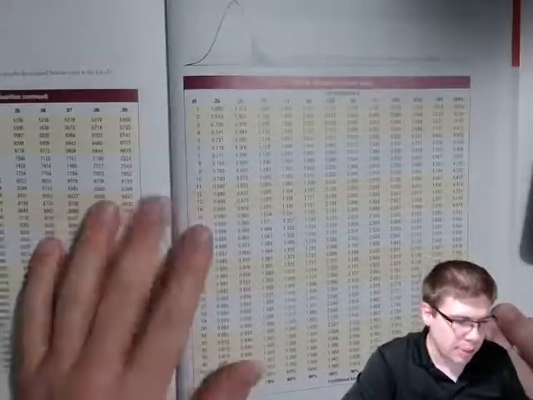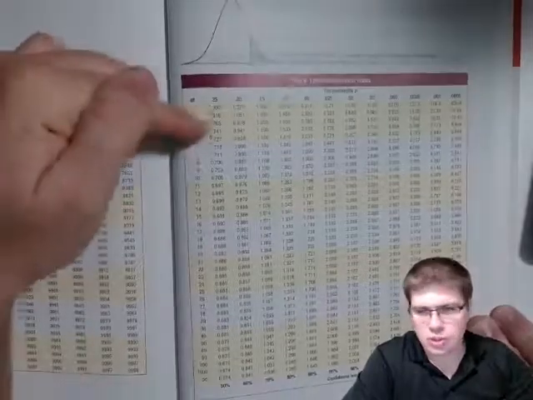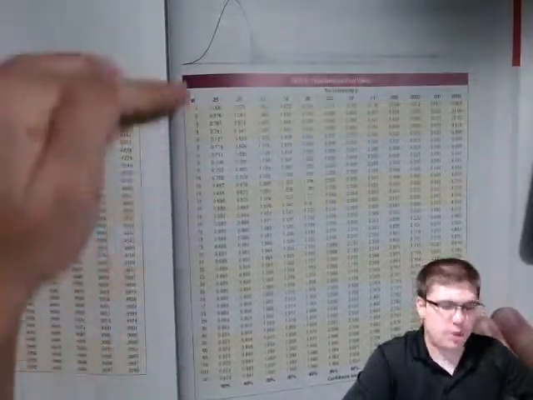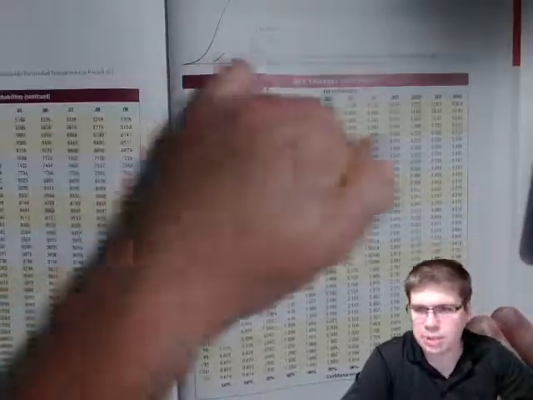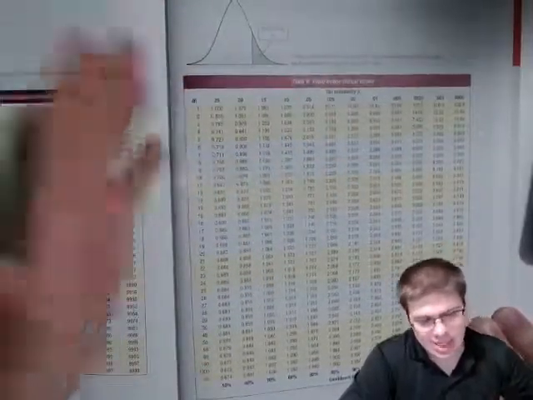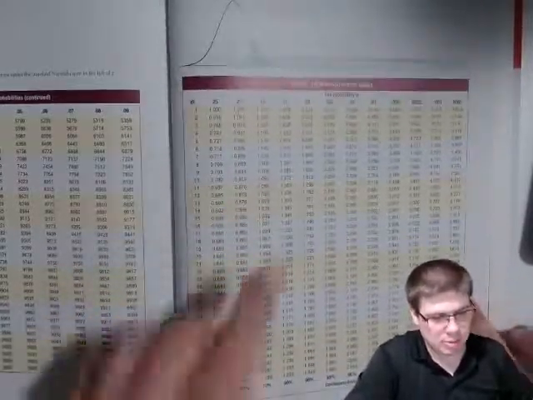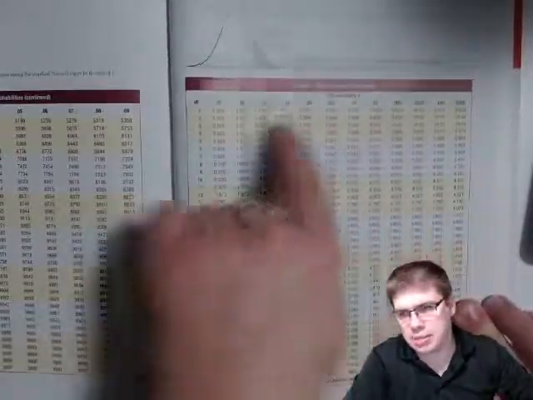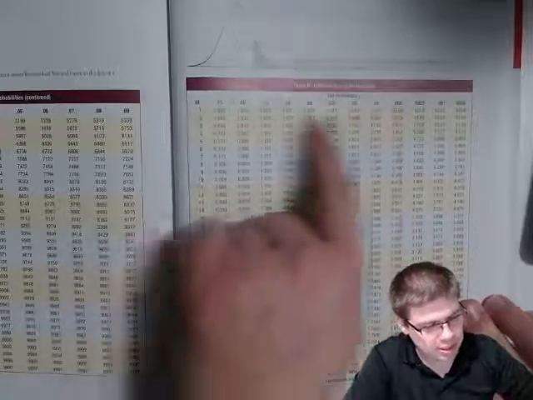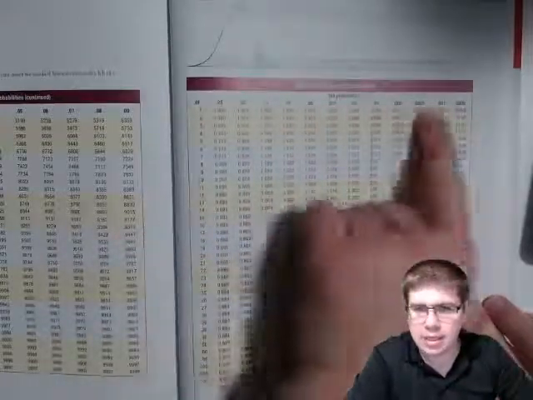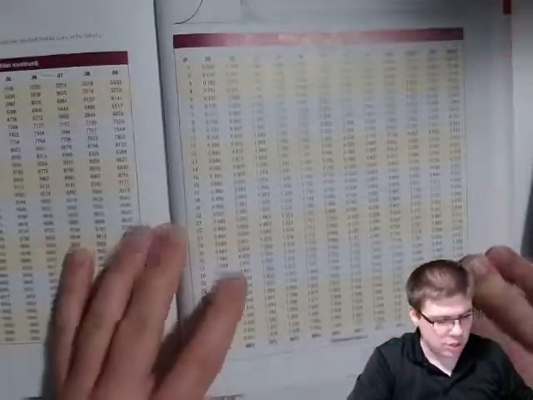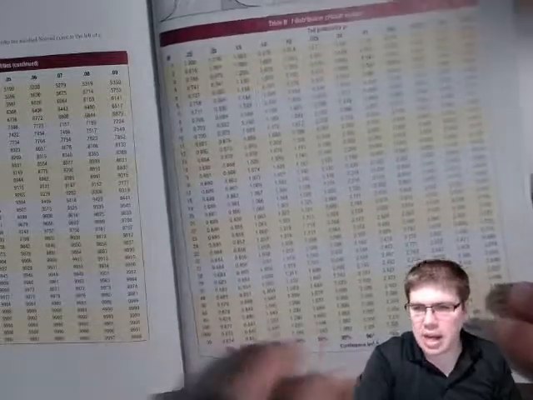This is the t distribution, Table B. The t distribution depends on your sample size, so degrees of freedom in this case is n-1, and you choose a particular row to use. It's actually kind of nice. I knock the tables, but this one's a little bit better. It's easier to look up because it's better for critical values. You look up specific tail probabilities if you want to find probabilities, and you can even look down at the bottom and you've got confidence levels.